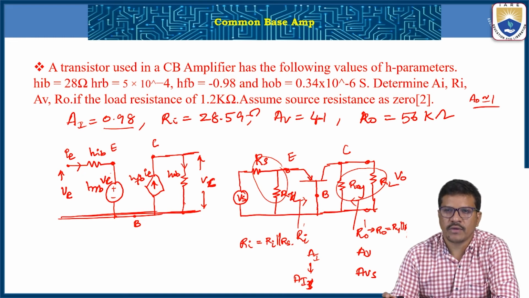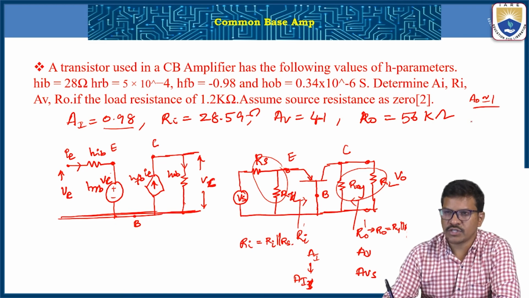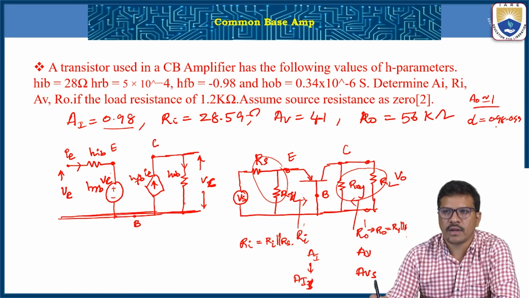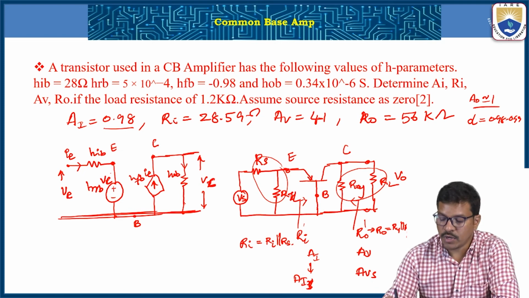So when we take the current gain, the output current IC divided by IE is approximately equal to 1. And also in the common base configuration, we can take the current gain as alpha. Alpha range is 0.98 to 0.999, or like 0.98 to 0.99. So this is approximately equal to 1.